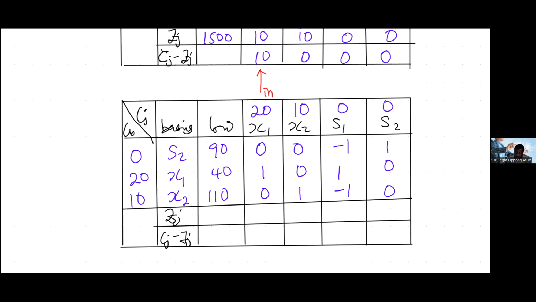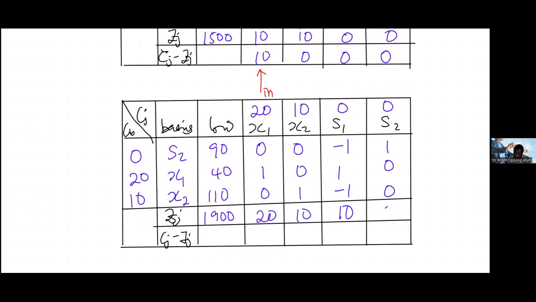So for us to get the Z value, we have 0, 90, 20, 40, 10, 110, and we have 1900 here. Then 0, 20, 0, 0, 10, -20, -10, that is +10, 0, 0, 0, and this is 0.